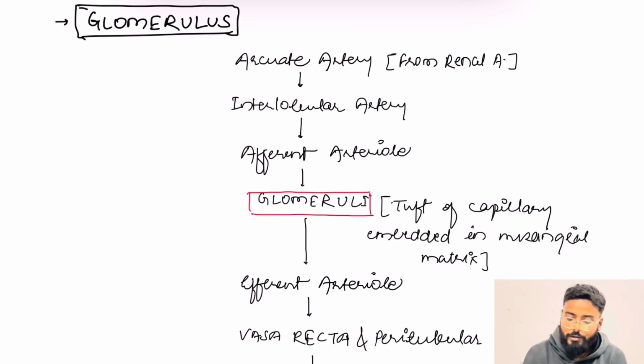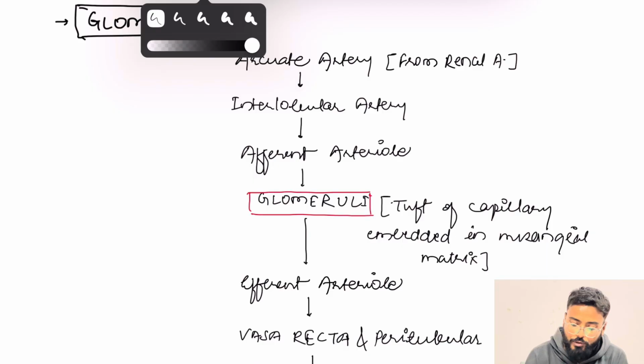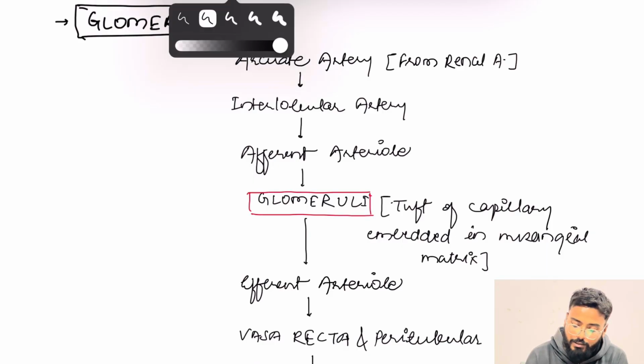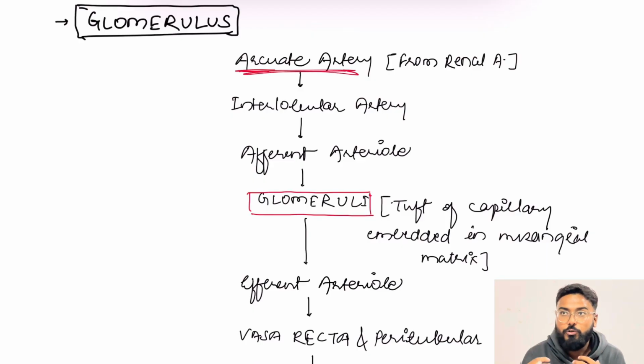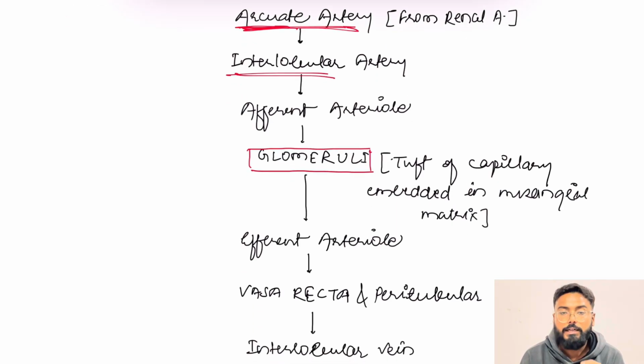So the glomerulus starts from your arcuate artery. Your renal artery gives a lobar branch, and from the lobar branch the arcuate artery originates. This arcuate artery gives a branch, your interlobular artery, and this interlobular artery in turn forms your afferent arteriole.